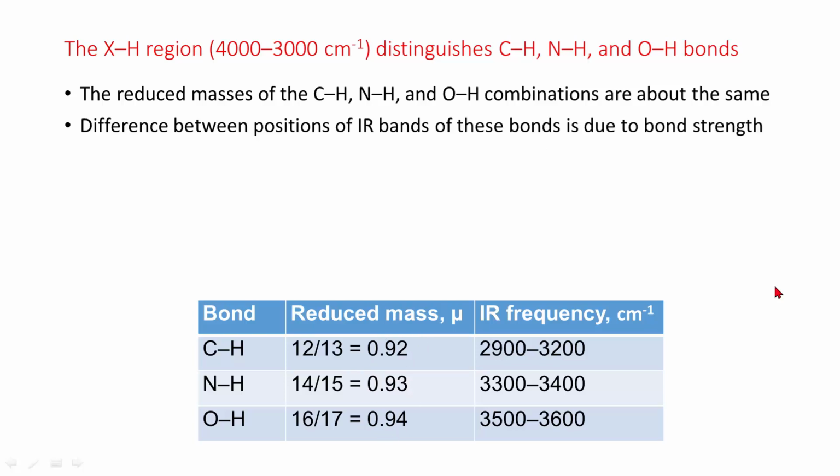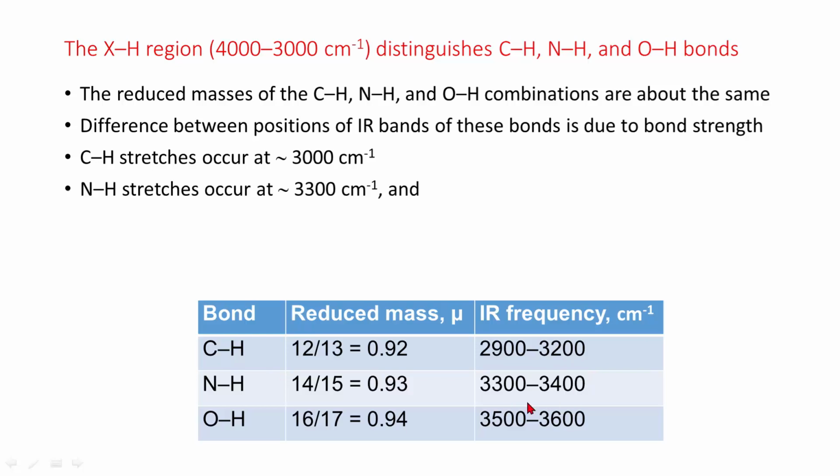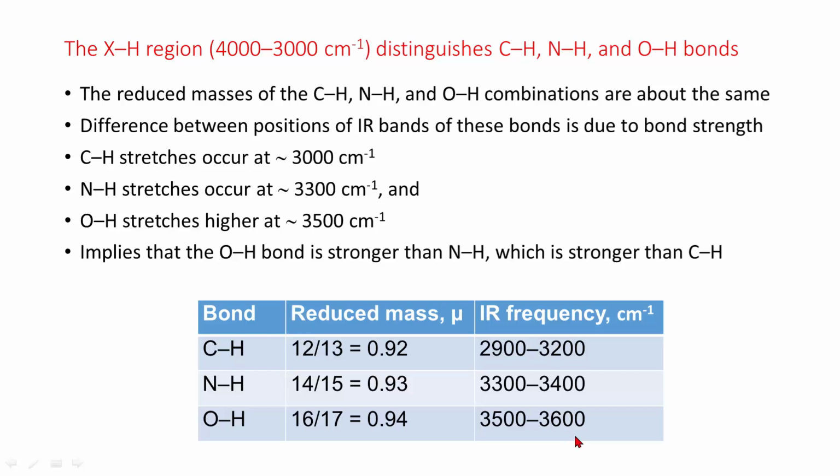Difference between positions of higher bands of these bonds is due to bond strength. CH stretches at about 3000 centimeter inverse. NH stretches at about 3300 centimeter inverse and OH stretches at about 3500 centimeter inverse. This implies that OH bond is stronger than NH bond, which in turn is stronger than CH bond.